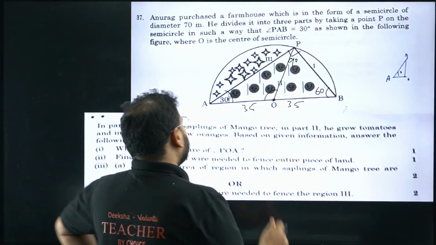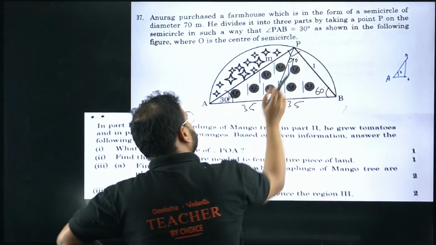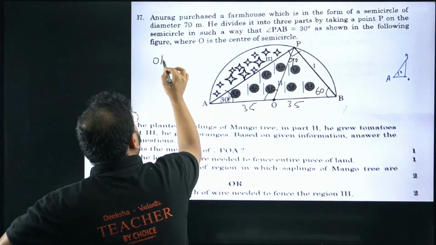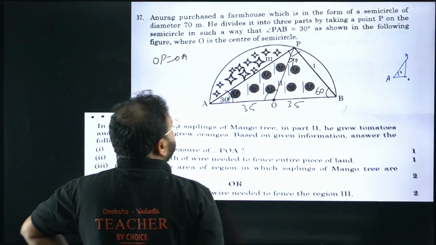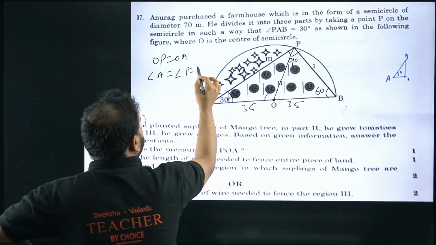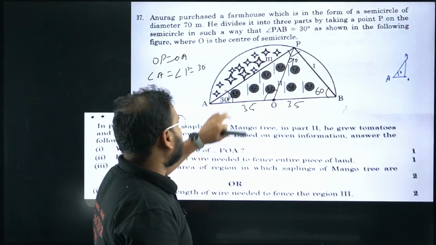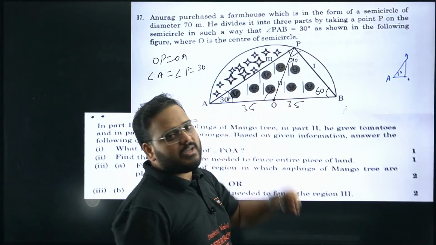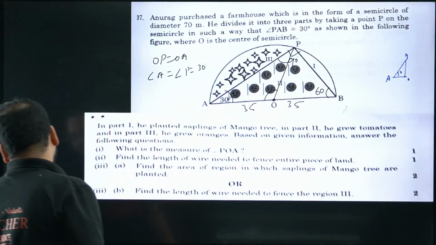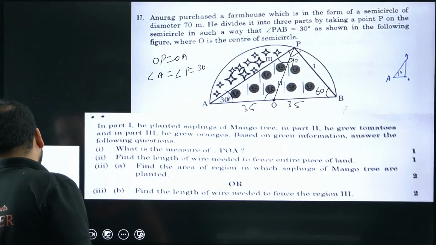How come, sir? This is radius, this also is radius. OP equals OA. It means angle A equals angle P equals 30 degree. This angle A equals 30 degree, this angle P has to be 30 degree again. This angle B has to be again 30 degree.